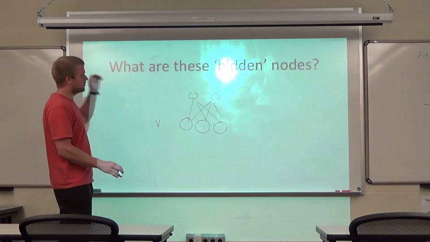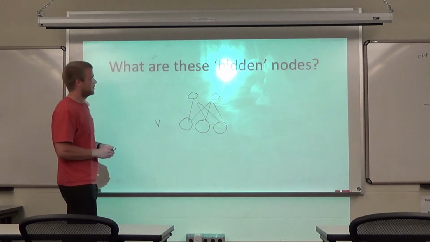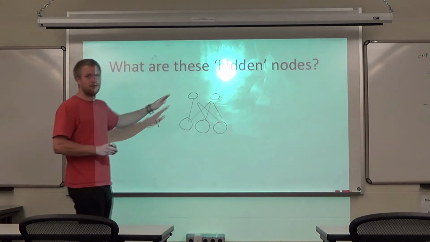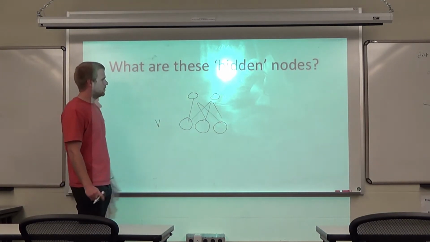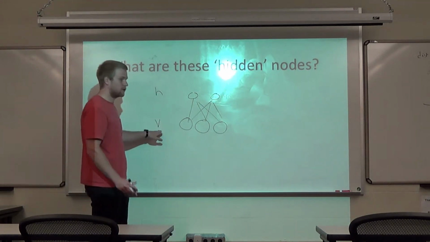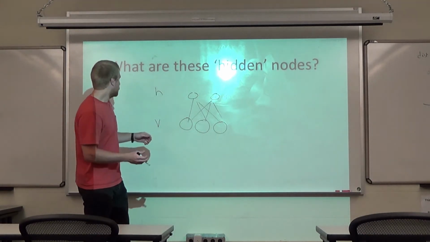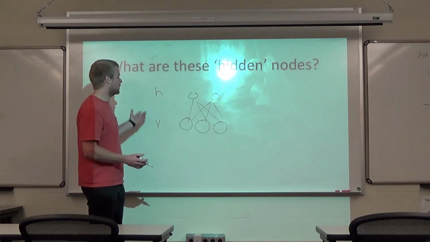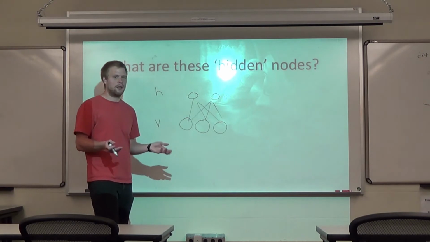Hidden nodes are nodes that we don't see. So there's visible, oh, I said I was going to use neurons the whole time, but I used nodes here. I hope it's not confusing. In this network, there are the visible nodes and there are hidden nodes. The visible ones are the ones that we see through the data. And the hidden nodes are ones that aren't in the data, but we're hoping to maybe use them to do something that we want.